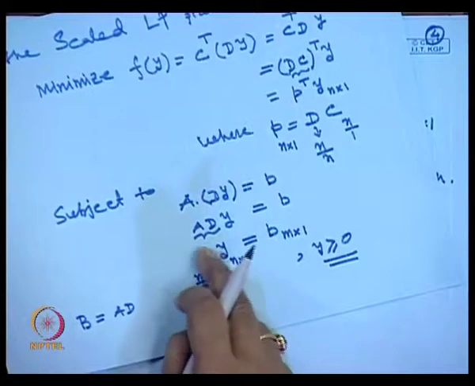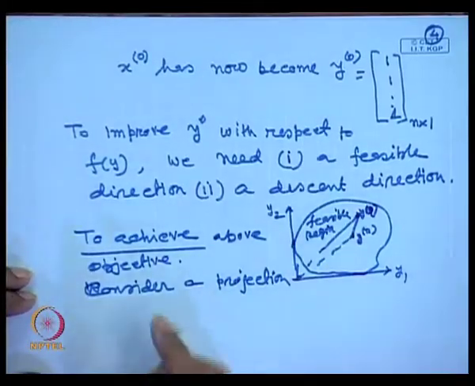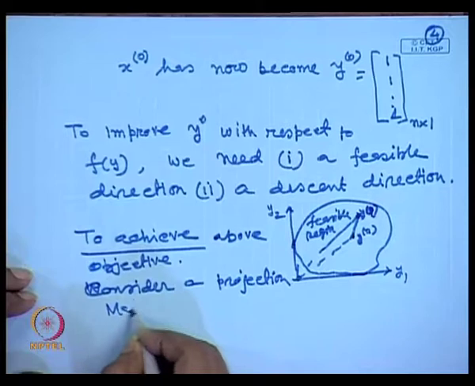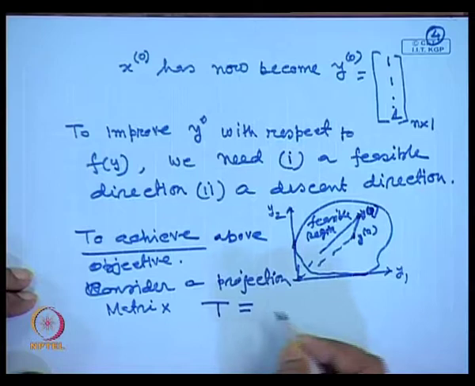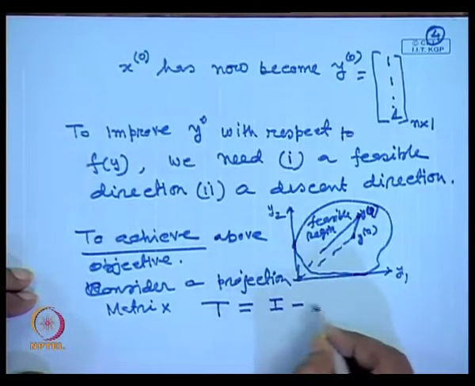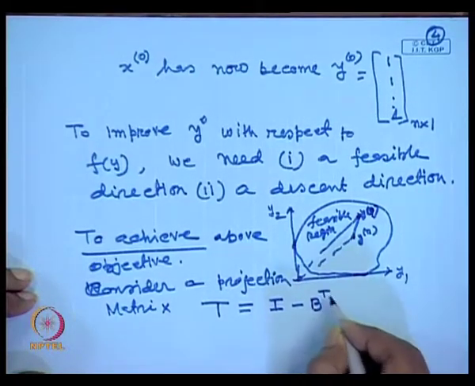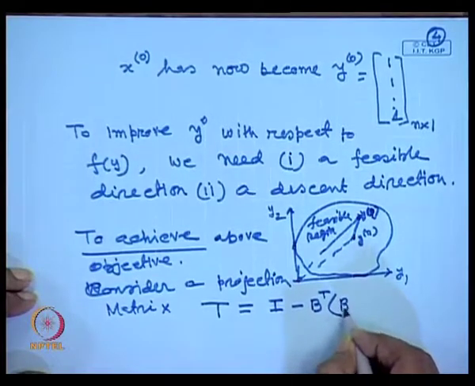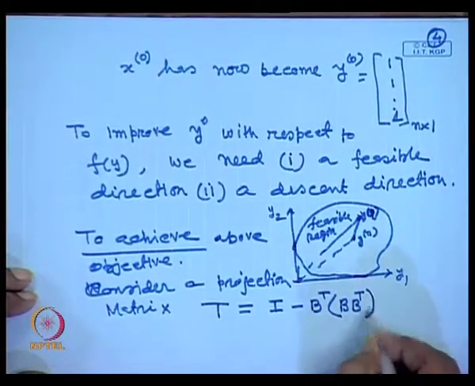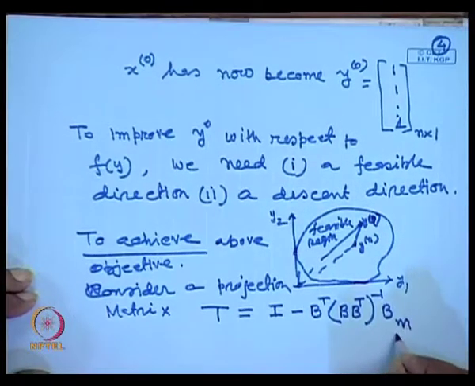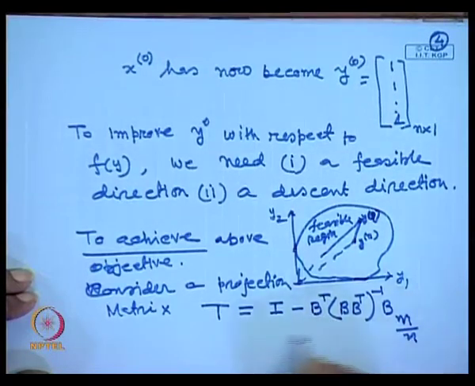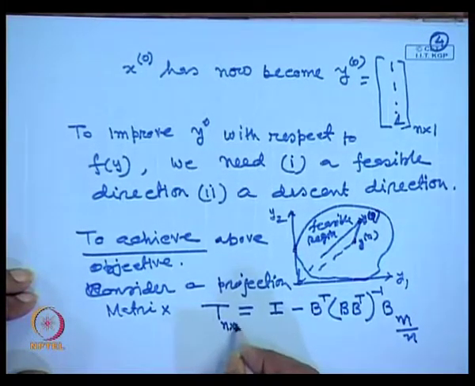With the knowledge of the B matrix, we form a projection matrix T, defined as I minus B transpose, B B transpose whole inverse, into B. The dimension of B is m cross n, and T is n cross n.